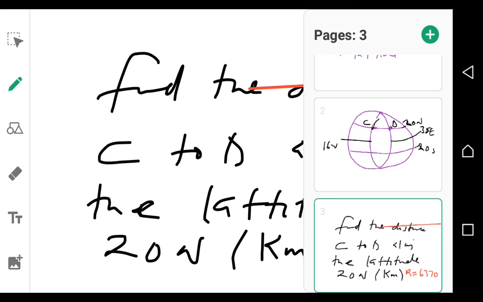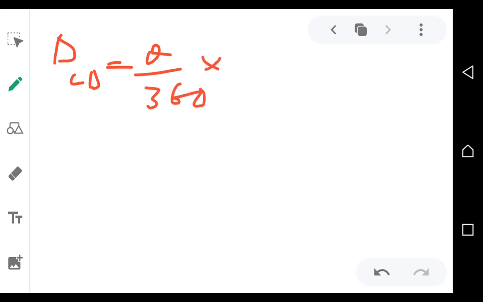Because it's in kilometers, what's the formula? Distance along CD is going to be equal to theta over 360, since it's along a latitude, times 2 pi radius cos latitude.